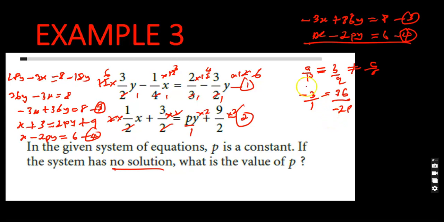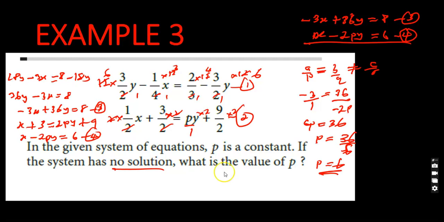So cross multiply, this will give me minus 3 times minus 2p, that will give me 6p equals to 36. Divide both sides by 6, so p equals to 36 over 6, so p equals to 6. So our answer is 6.